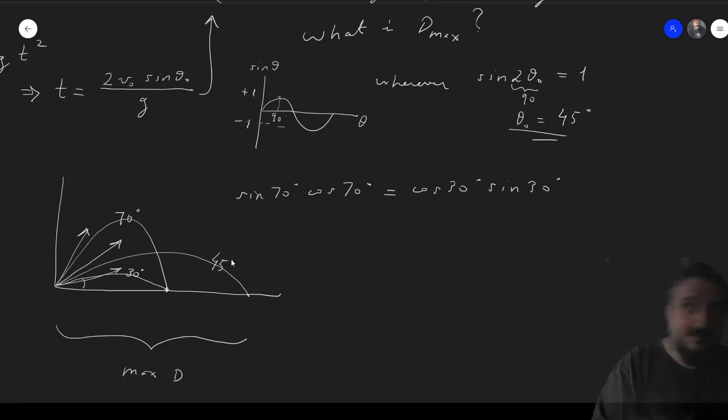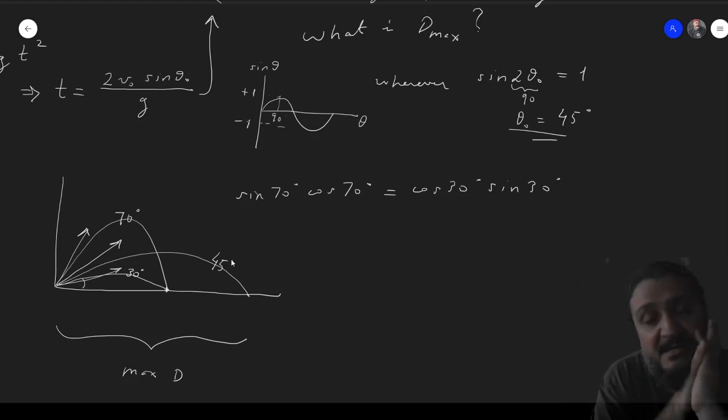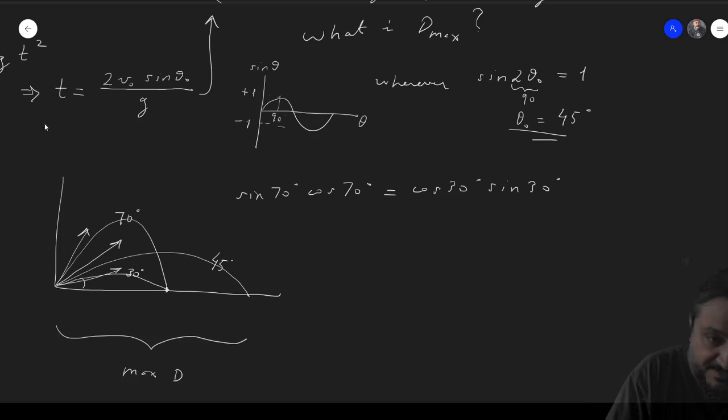45 is its own complementary angle. Whatever that word is, that's the angle that completes it to 90 degrees. The same thing happens with 40 and 50. They will give you the same range. So here, let me use green.